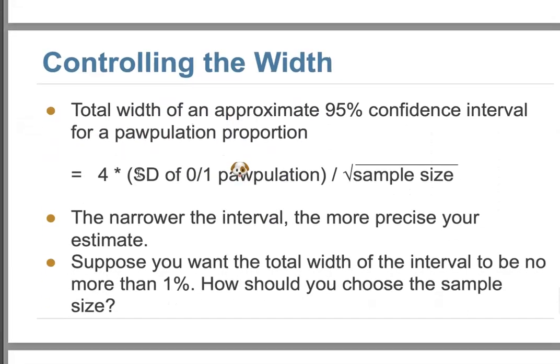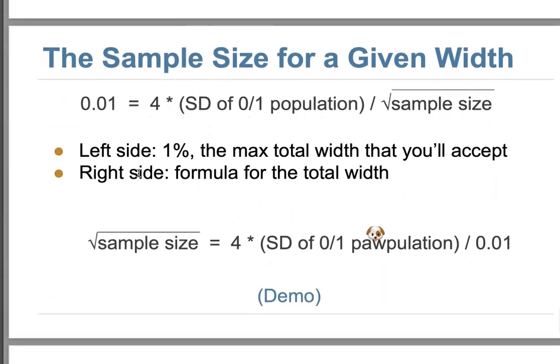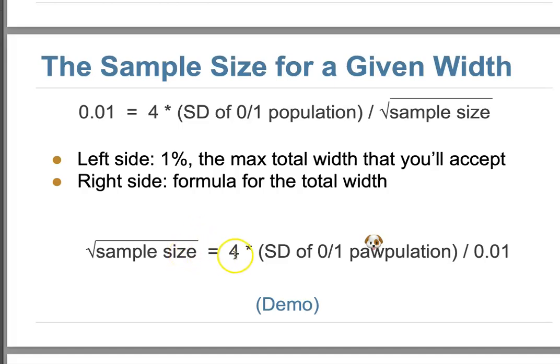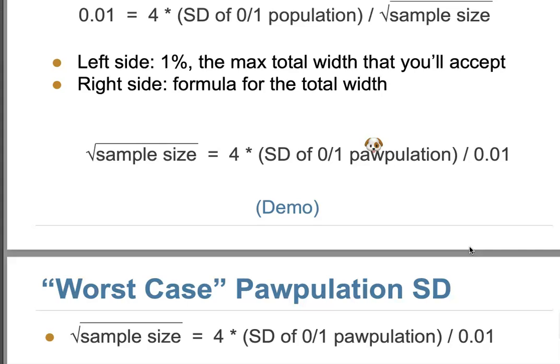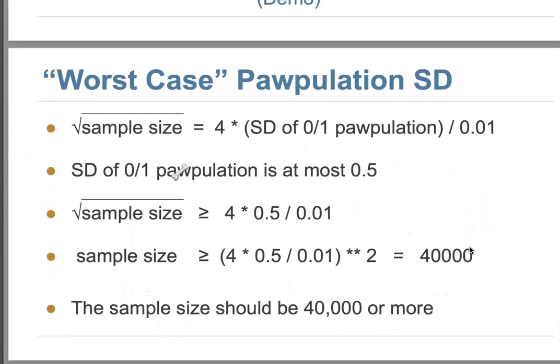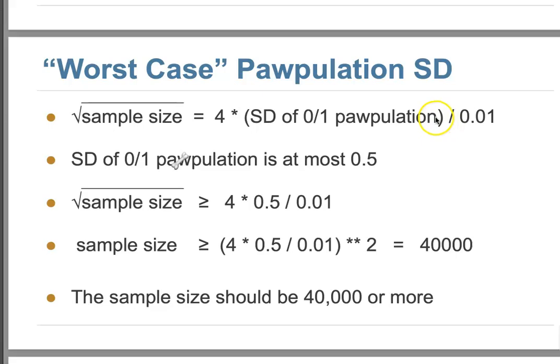Earlier we showed that to find the sample size, the square root of the sample size equals 4 times the standard deviation divided by 0.01, which is the width for 1%. Since the standard deviation for the 0-1 population is at most 0.5, we add the inequality: the square root of the sample size is greater than or equal to 4 times 0.5 divided by 0.01.